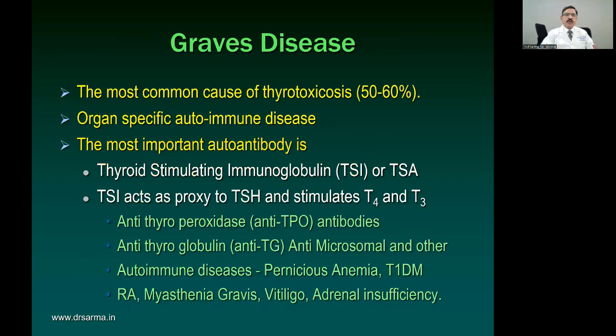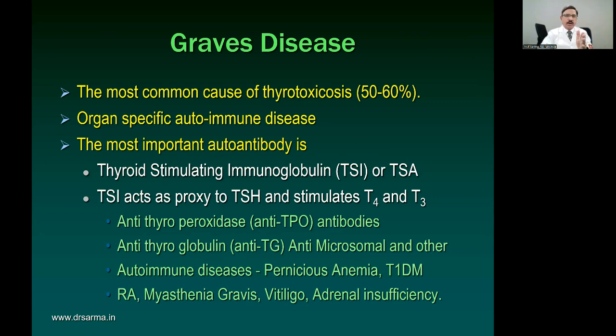Okay? Now, the most common hyperthyroidism or thyrotoxicosis is Graves'. 50 to 60% of hyperthyroidism is Graves' hyperthyroidism. It is an organ-specific autoimmune disease. That means there are autoantibodies against the thyroid.